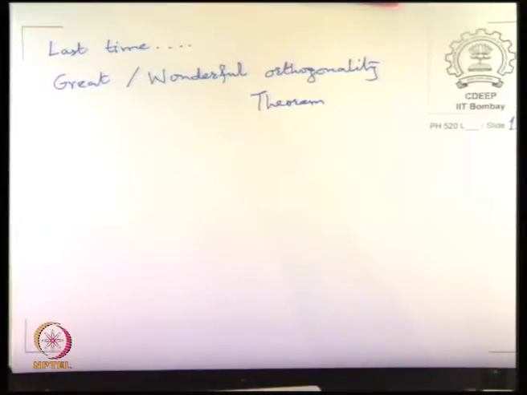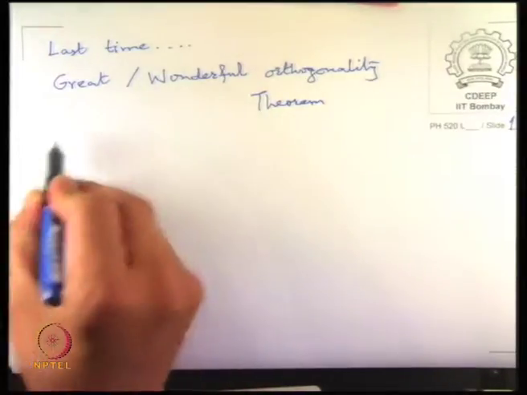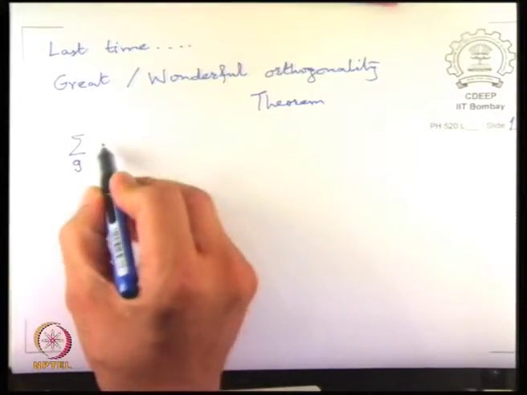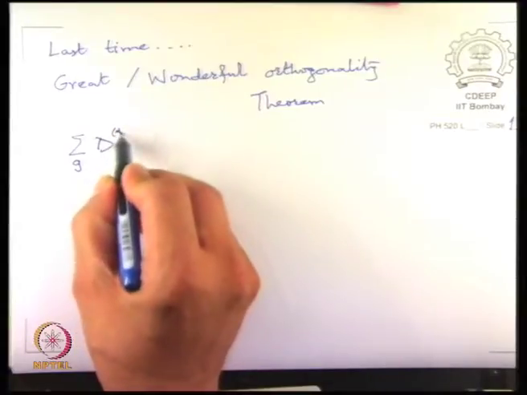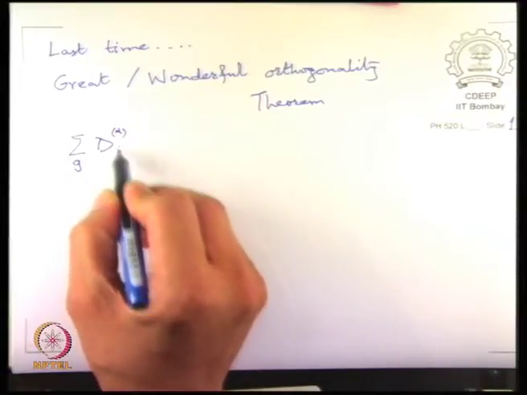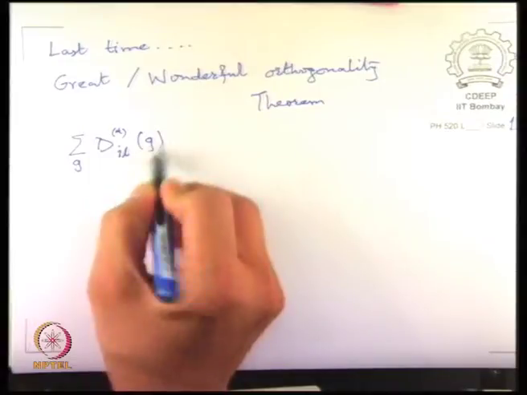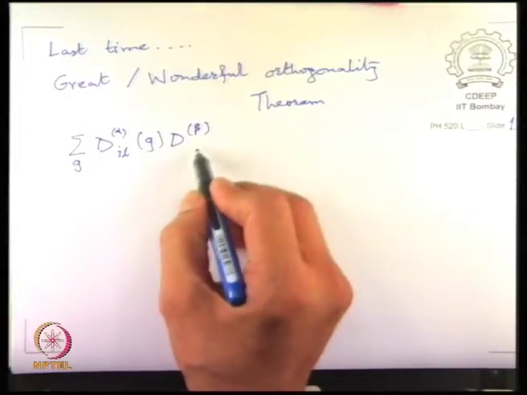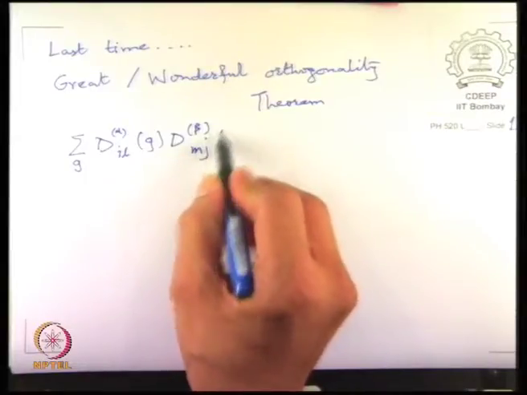So it says: sum over all group elements G of D^alpha_{IL}(G) D^beta_{mj}(G inverse).